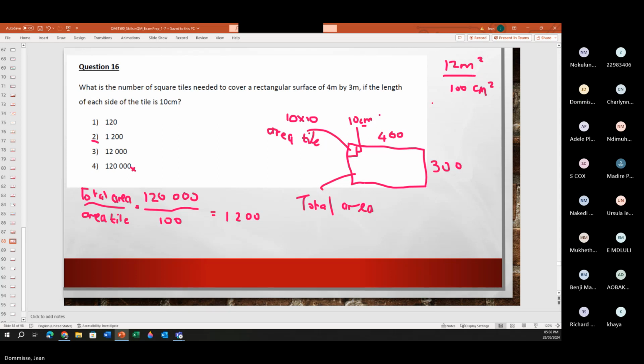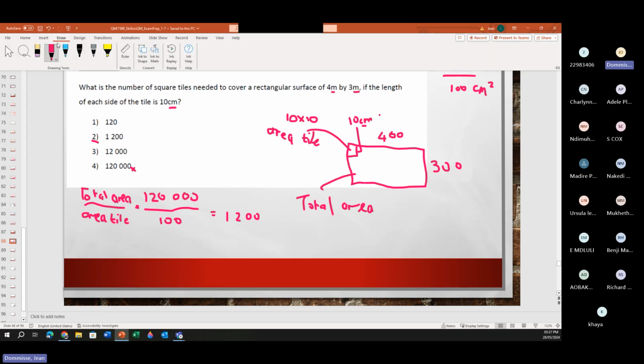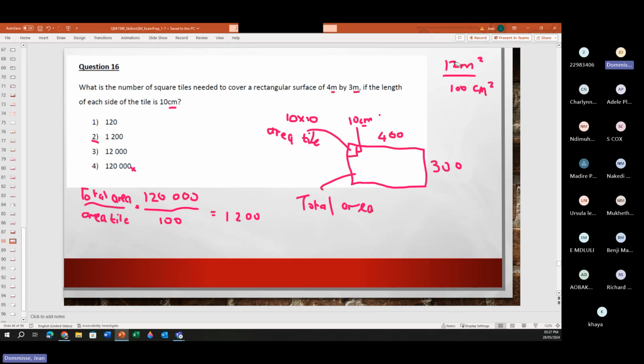So either change everything to centimeters, or change everything to meters, but please make sure that when different measurements are used, you convert to the same one, else it becomes very difficult to work it out.